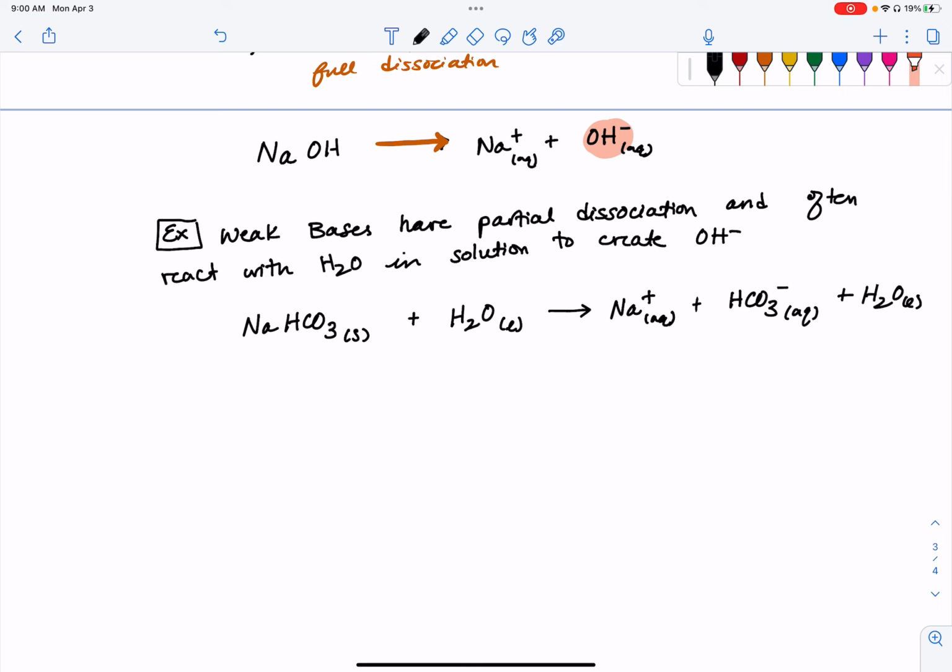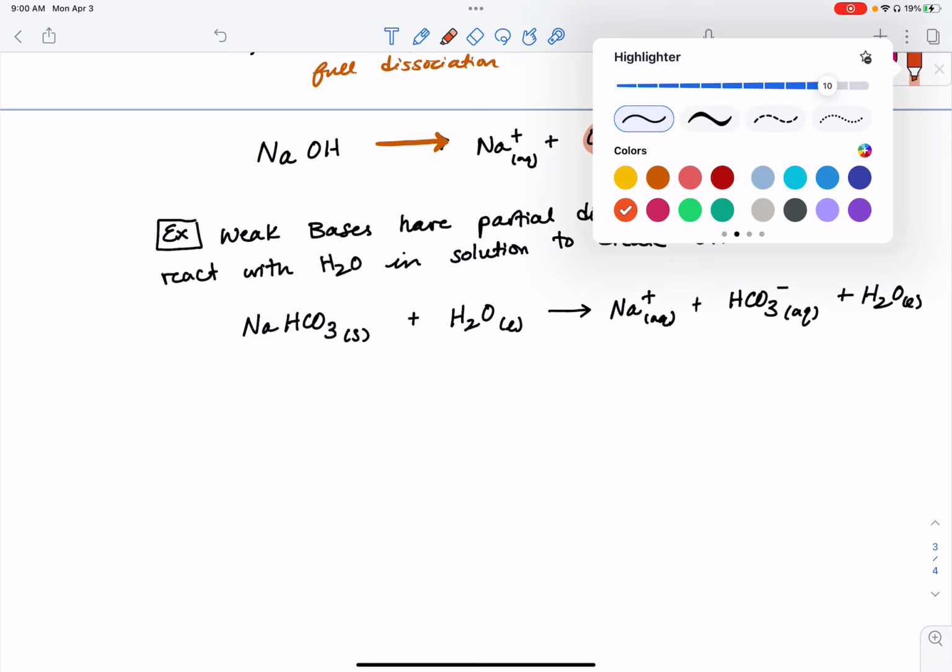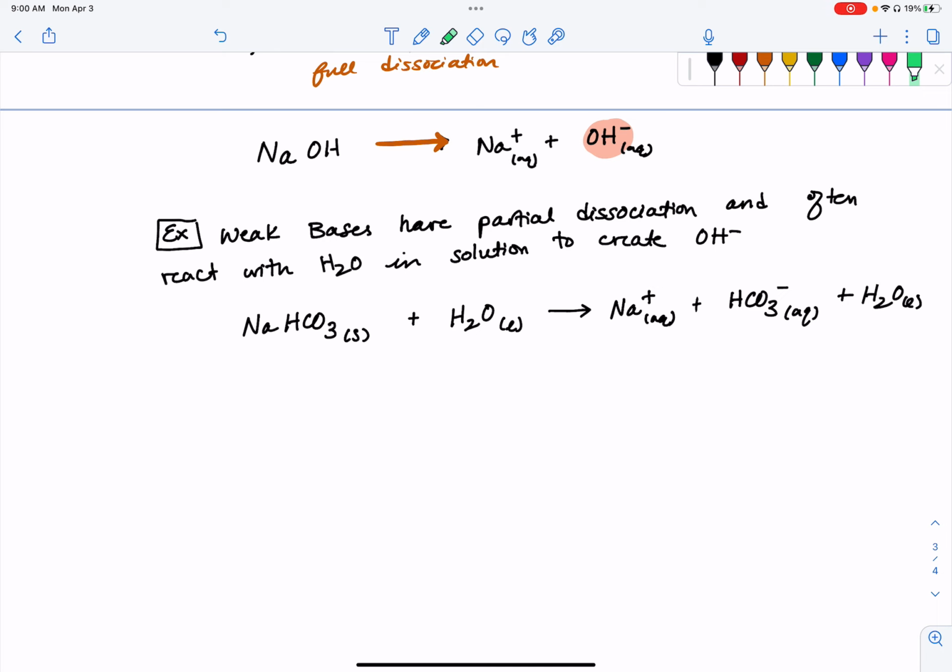And then what happens between the water and the sodium bicarbonate, specifically the bicarbonate, is what makes us a base. So I want to focus on just what's going on here.